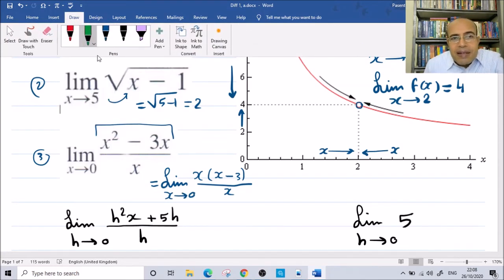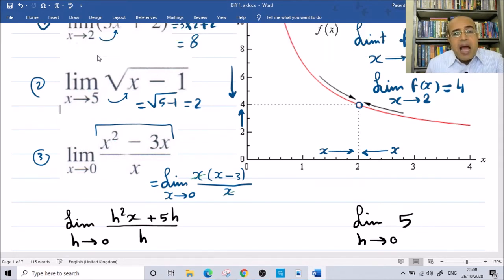Remember, cancel x with x first. So the answer is lim x minus 3 when x tends to 0. When you replace x by 0, it becomes 0 minus 3, which equals negative 3.